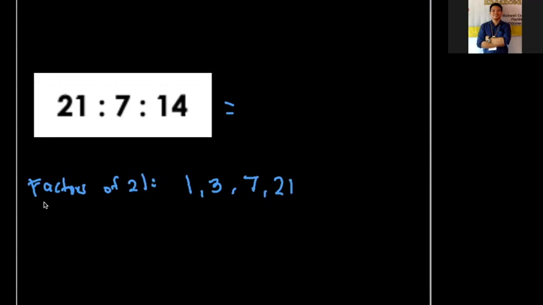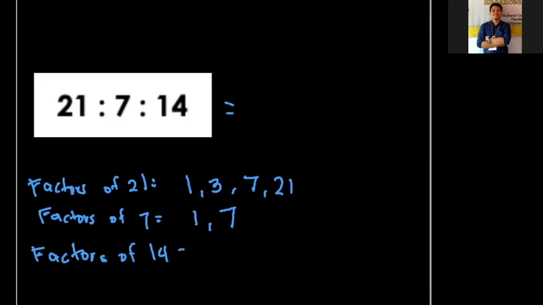How about for the factors of 7? We only have 1 and 7 for each factor. And lastly, for the factors of 14, we have 1, 2, 7, and 14.